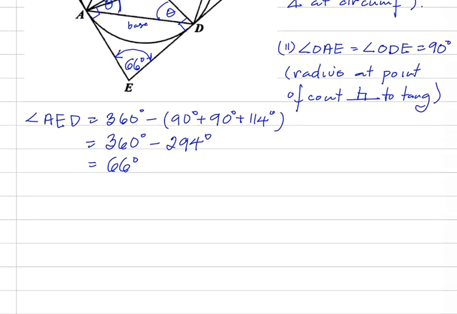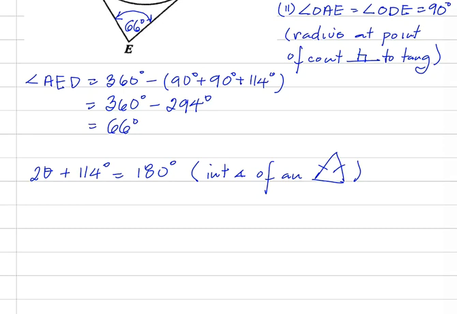So I'm going to say that 2 theta plus 114 degrees would be equal to 180. These are the interior angles of an isosceles triangle.